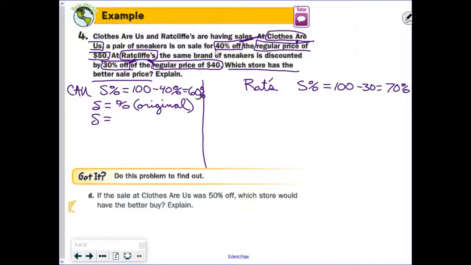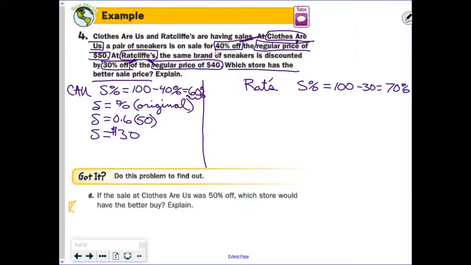Remember, we have to use a decimal, so 2 places to the left, 0.6 times the original cost, or the regular price, which is $50. When I multiply 0.6 times 50, I end up with $30. Means their sneakers are on sale for $30.